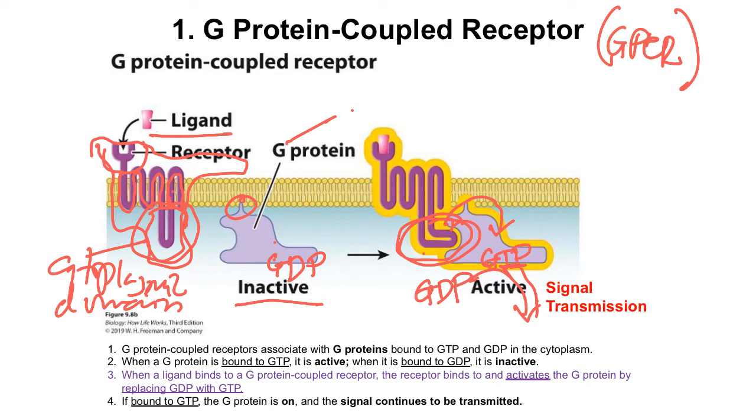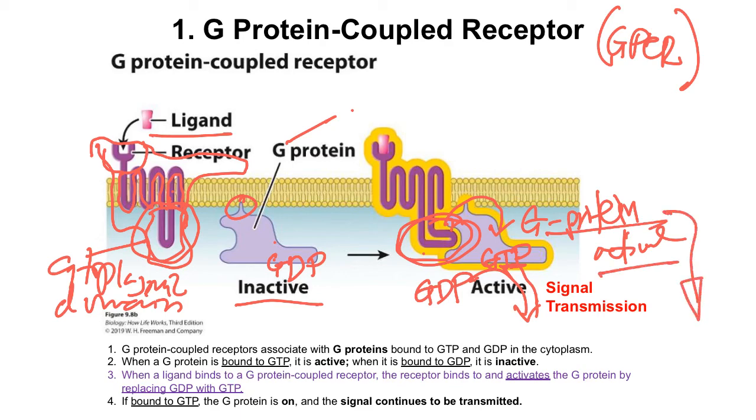As a result of that exchange of GTP for GDP, this G protein is now active. And this active G protein can now transmit the signal to a signal transduction pathway.